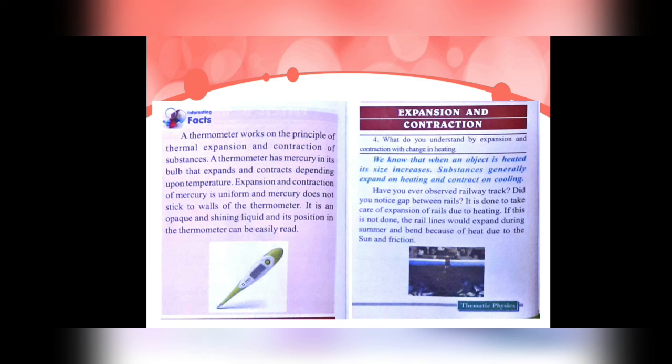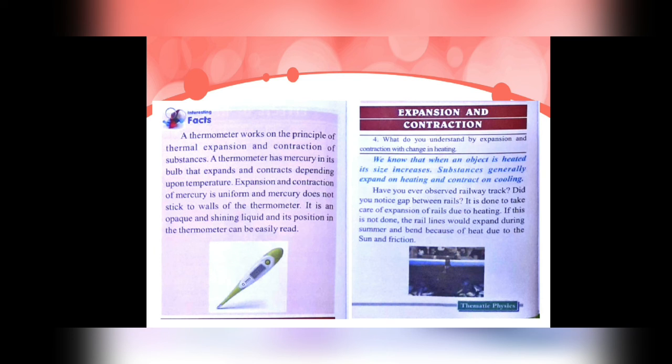That is why it is very easy to view, and its position in the thermometer can be easily read. So there are three points: one, it expands and contracts uniformly; second, it does not stick to the walls of the thermometer; and third, it is an opaque and shiny material. That's why mercury is generally used in thermometers.